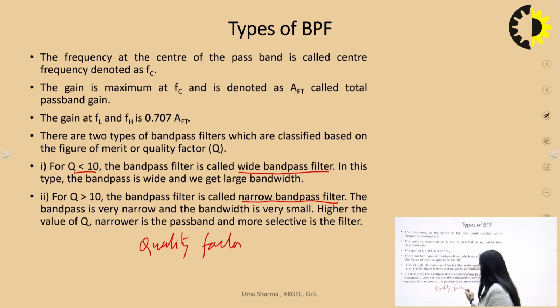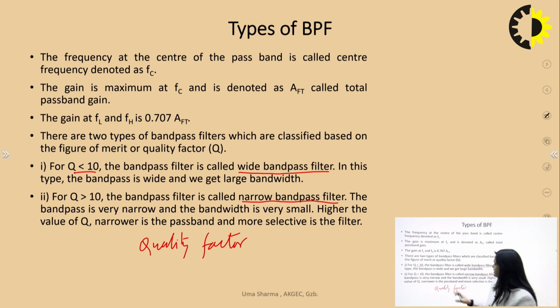The quality factor of any filter defines its selectivity. How selective is the filter? Whenever the selectivity is less, that means the filter is less selective and will pass almost all the frequencies, so the bandwidth is high. Whenever the selectivity is low, or the quality factor is less than 10, the filter is categorized as a wide band pass filter.